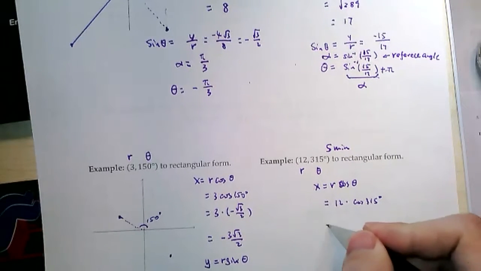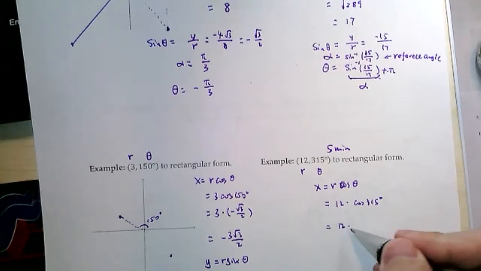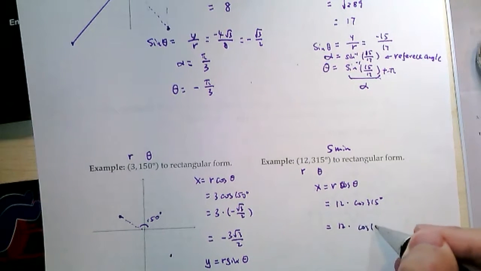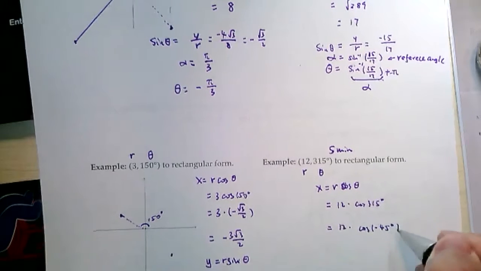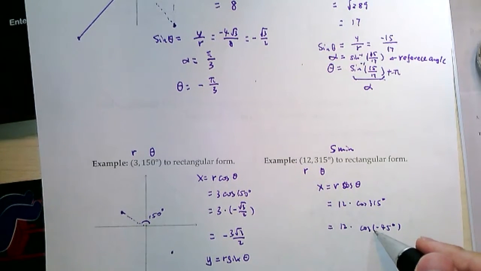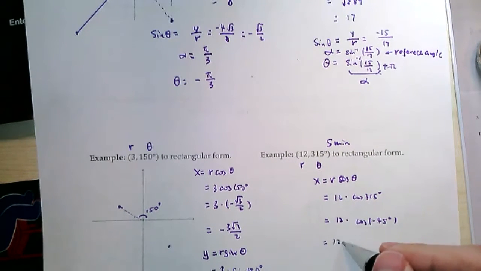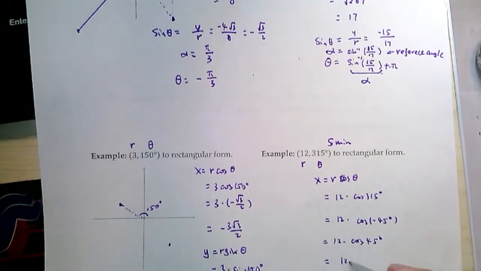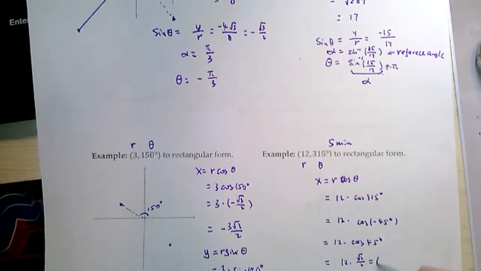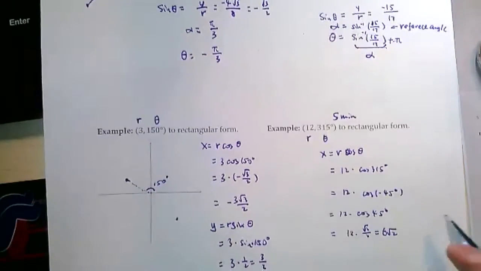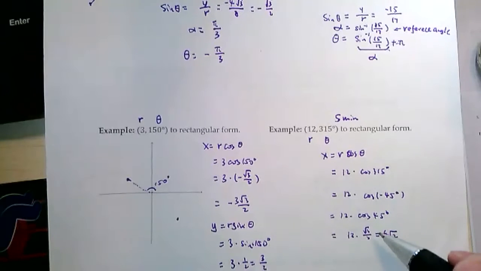So let's calculate what this is. 12 times cosine 315, which is cosine negative 45. Cosine is an even function, so negative does not matter. So it's 12 times cosine 45, which is 12 times square root of 2 over 2, which is 6 times square root of 2. Okay, is that clear?